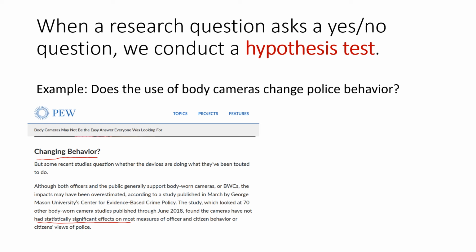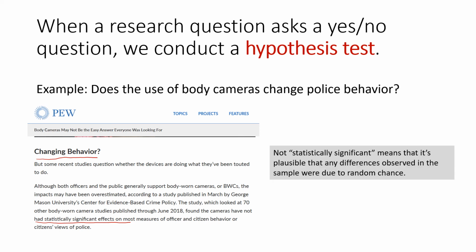So when we're thinking about statistically significant, the way that we determine whether something is statistically significant or not is using a hypothesis test. When it says that it's not statistically significant, what that means is that it's plausible that any differences that were observed in the sample were due to random chance.